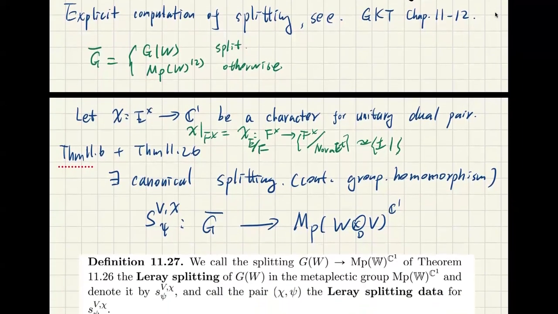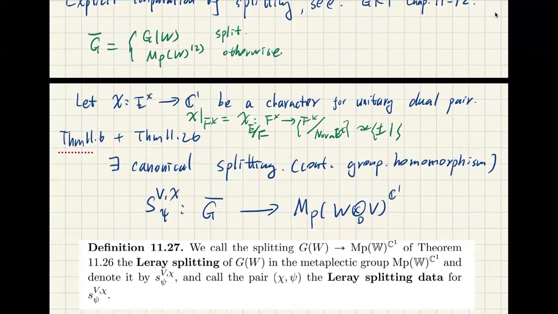In other cases, the message is that basically from the Schrodinger model, as a Lie invariance, this kind of Leray cocycle, you will have a canonical splitting, which is a continuous group homomorphism from G bar. Notice that G bar is either G(W) or the metaplectic 2-cover, depending on the situation, to the Mp(W) tensor C1.